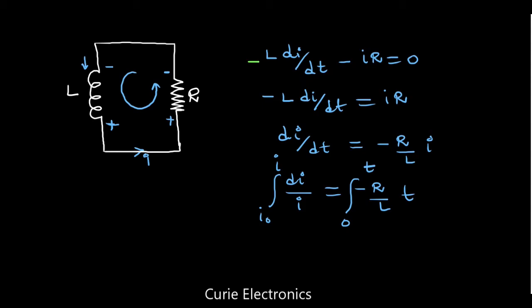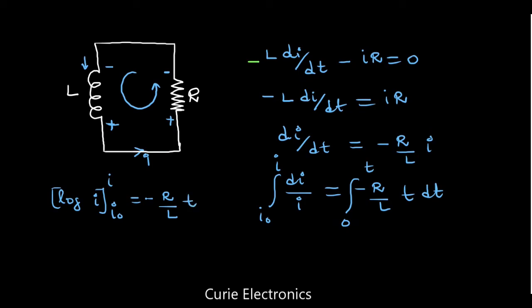Now if you integrate, we will get log of I, with limit I0 to I, equals minus R upon L t. T also has limit 0 to t. When you integrate, we will get t only.